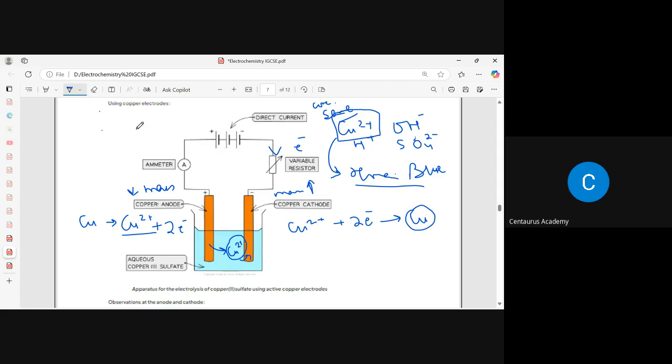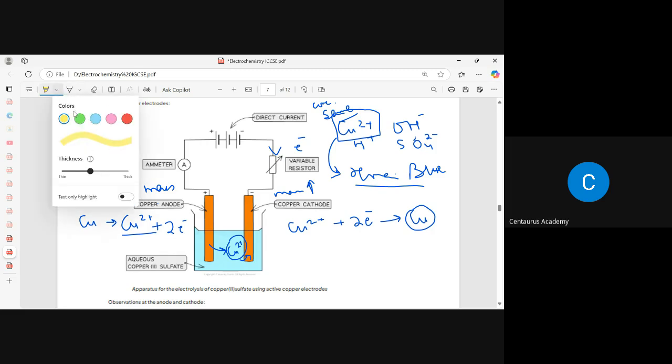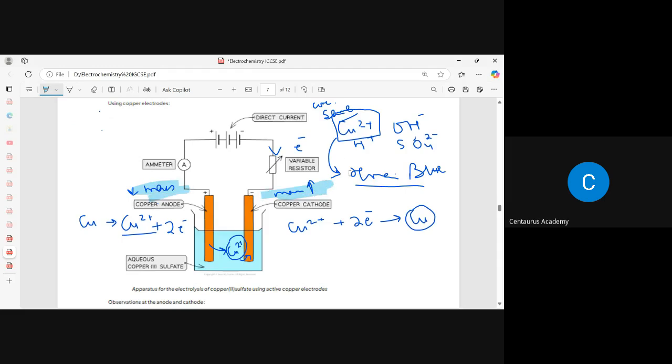So we see three different observations. One is a decrease in mass at the copper anode, an increase in mass at the copper cathode, and the color of the solution remains blue. It stays the same. Is this point clear so far?